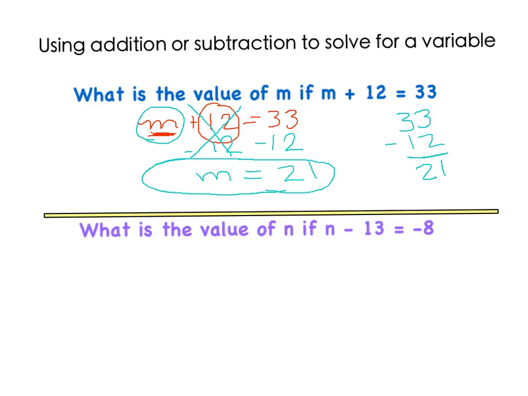So we're going to undo it, and I'm going to rewrite it here. Oh, it's not an m, it's an n, sorry. n minus 13 equals negative 8. Well, they subtracted 13, so guess what? We're going to add 13. So we will add 13 to both sides.